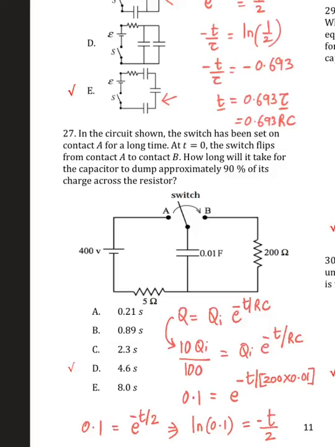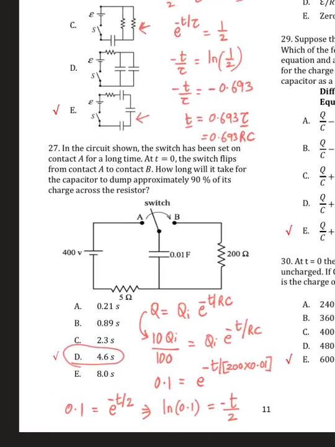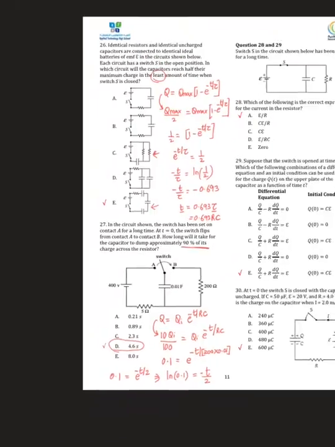Using my calculator, that comes out to be 4.6, and that's the answer. What we need to remember here is it says 90% of its charge is dumping across 200, so what is left on the capacitor comes in the equation.